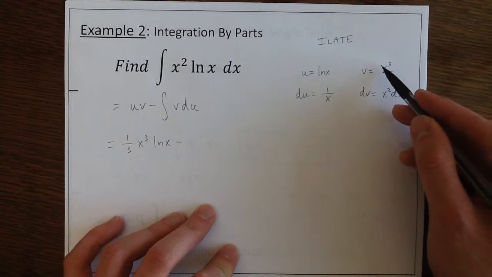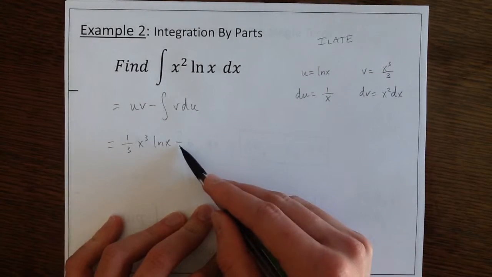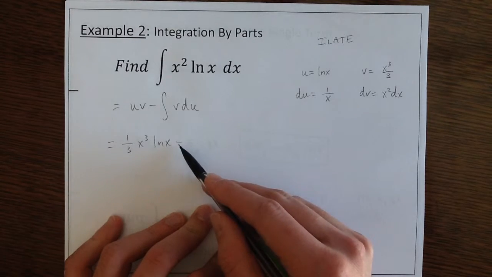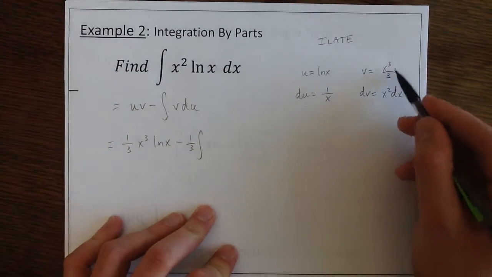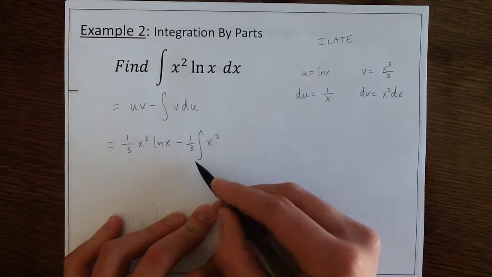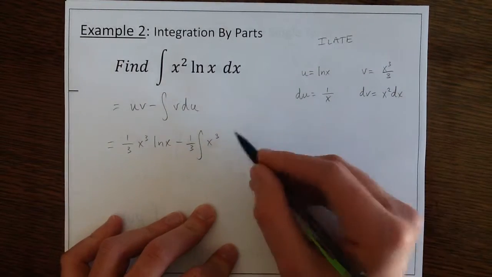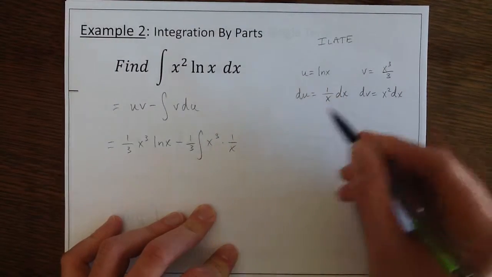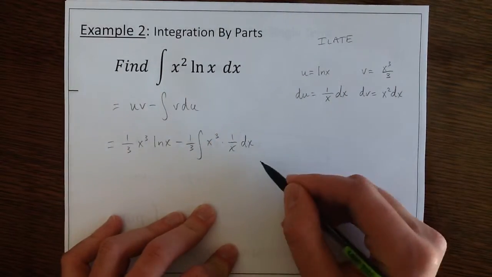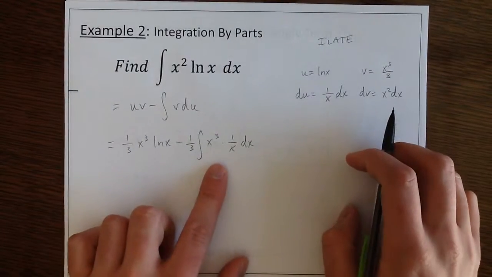Since it's a 1/3 as a coefficient, I would just put it on the outside of this integral. So minus 1/3 the integral of v, which is now just x squared because I pulled out the 1/3, and then I times it by 1 over x. And again, the du should also have a dx on it, so that will allow us to now find this antiderivative.